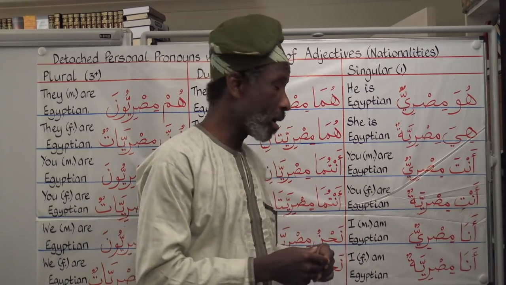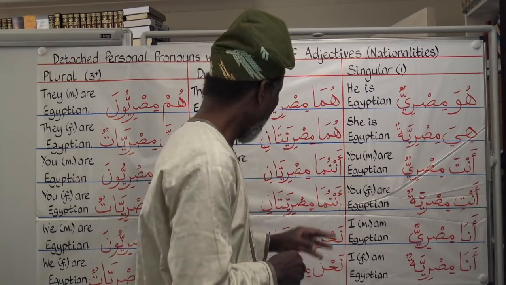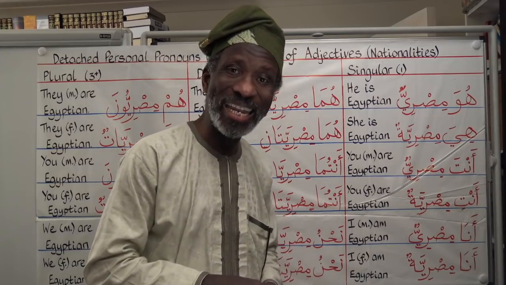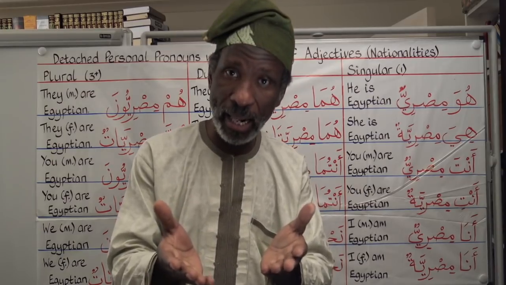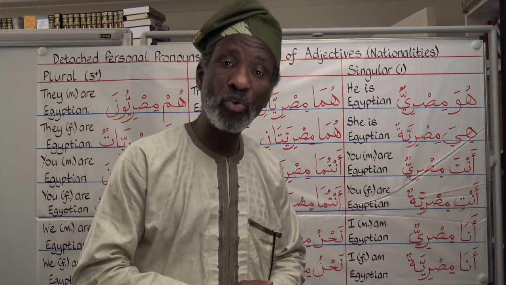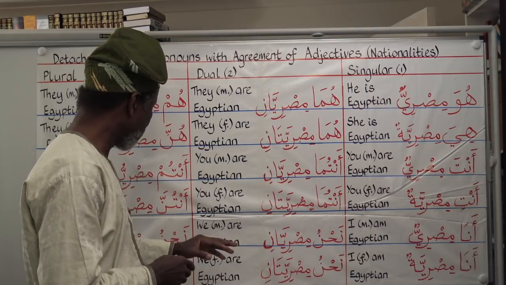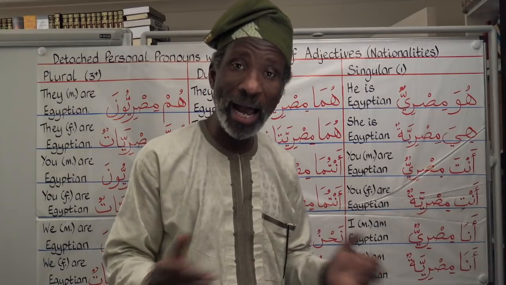If you are a man, you say both of you are Egyptian. And أنتما مصريتان. If I'm speaking to both of you and you are female, you're women, أنتما مصريتان.